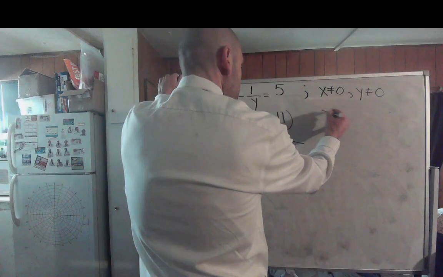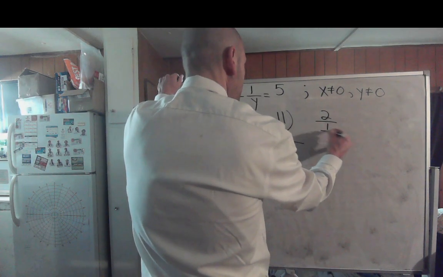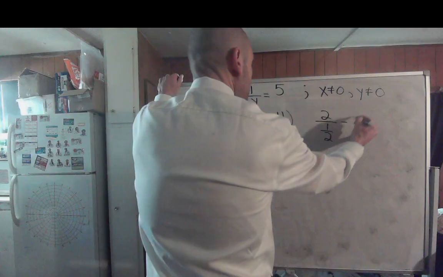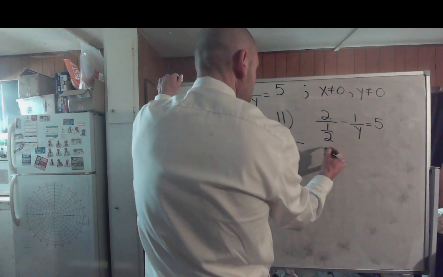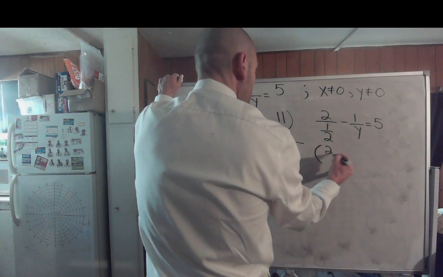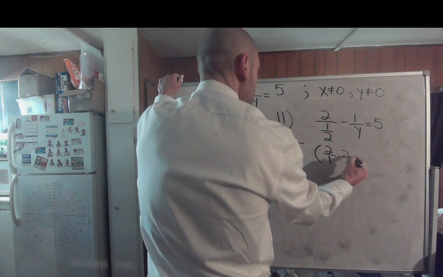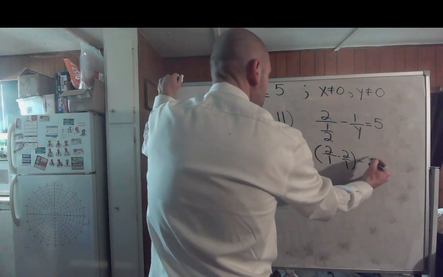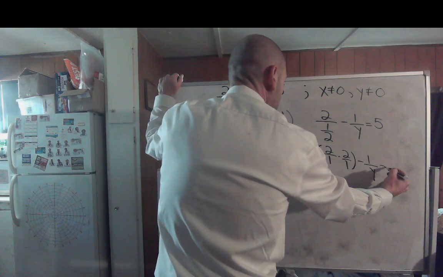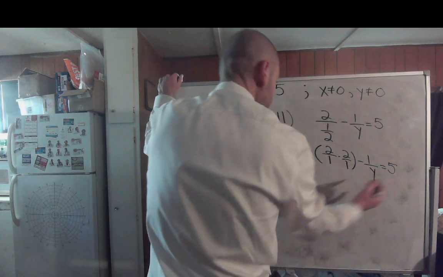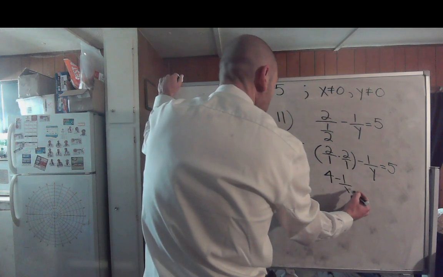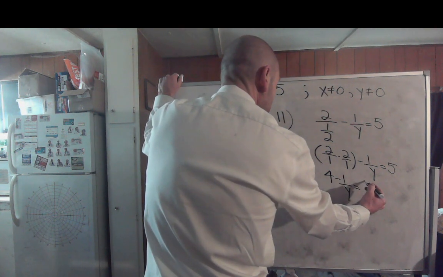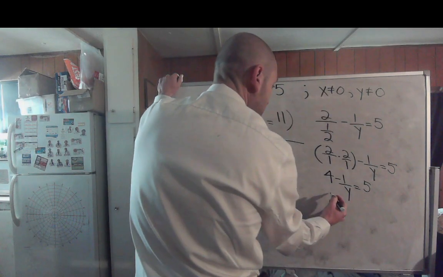So that's going to give you 2 over 1/2 minus 1 over y equals 5, which would turn into 2 over 1 times 2 over 1 minus 1 over y equals 5. So that would give you 4 minus 1 over y equals 5.